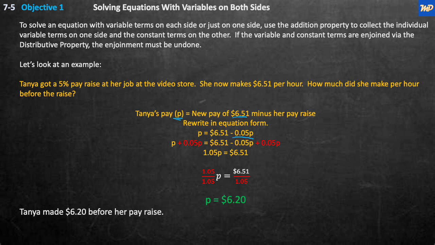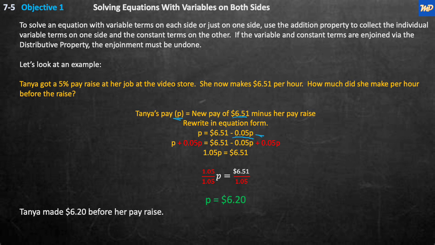So once we've done this, we see the equation, and we're going to have to undo the mathematics. It has to deal with the variable, because we really don't need to move the constant. It's already by itself on one side, and we have a P term on the other side of the equation, so we might as well move this P term to the other side. In order to do that, we add the inverse of this P term, which is plus 0.05P, because originally it was minus 0.05P.